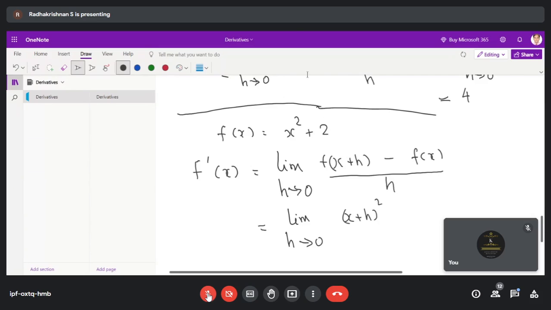X plus h the whole square plus 2 is your f of x plus h, correct? Minus f of x, which is x square plus 2, whole divided by h.